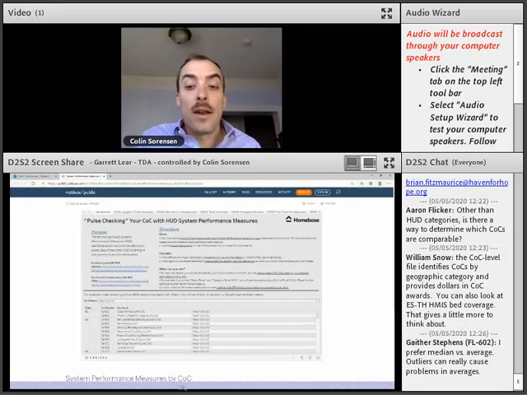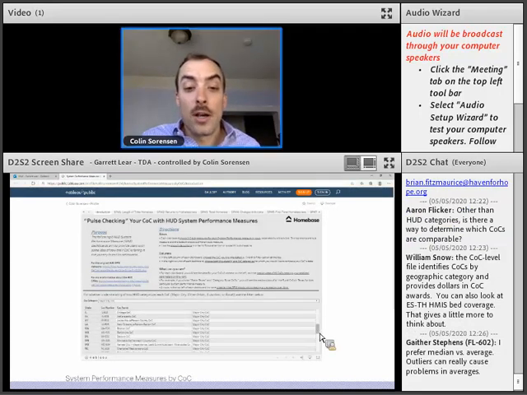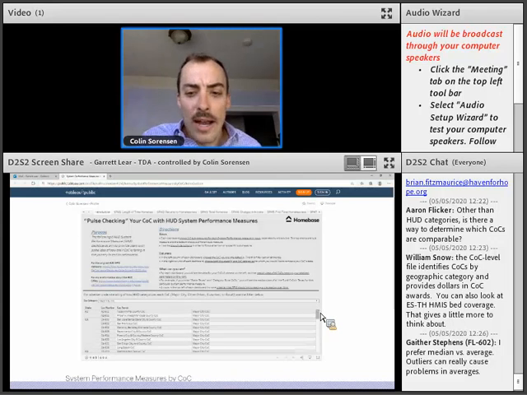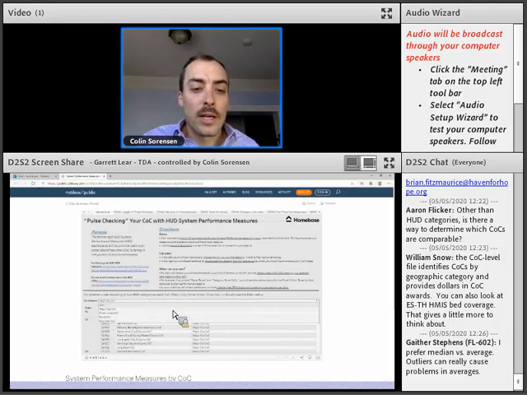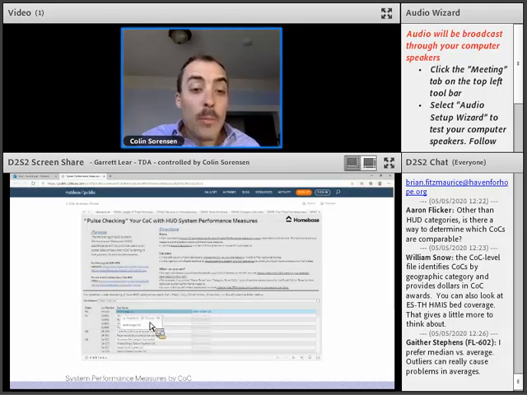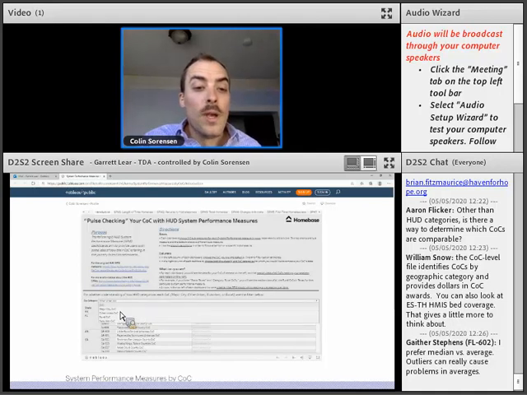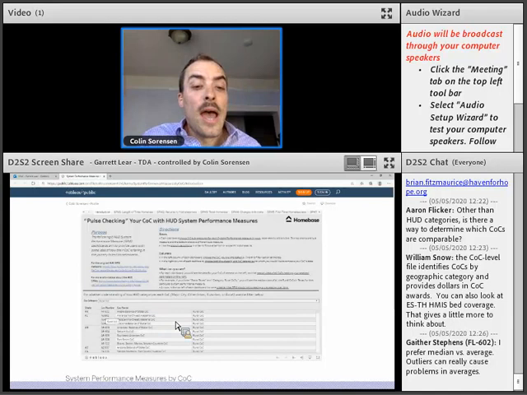Columns on the left, that's where you'll choose the CoC you're interested in. On the right, you will choose both the states and the CoC categories to which you would like to compare your CoC data. And then for each dashboard, you'll be able to see your CoC data versus the median.